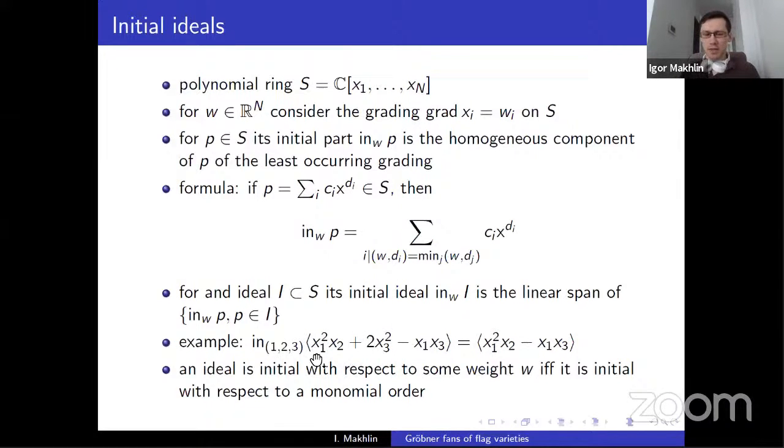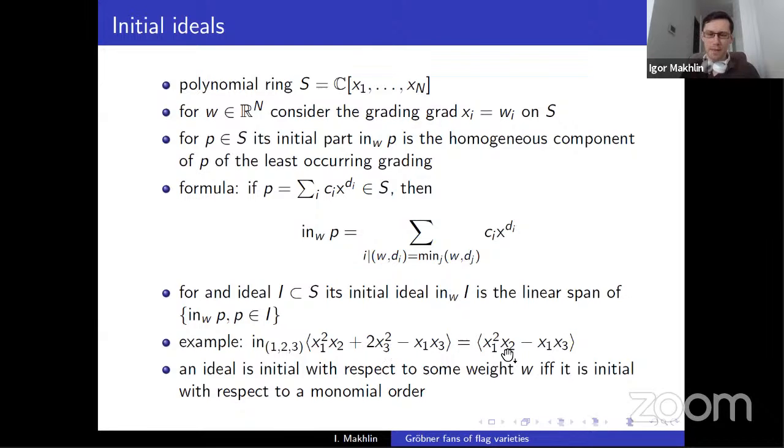Okay, and well, here I have some small examples. So we have polynomials in 3 variables, and we have a principal ideal generated by this expression here. Well, and we use this weight here. So, if you compute the weights of the 3 monomials, you will see that the weights of the first and the last one are, no, sorry, they are 4, and the weight of the one in the middle is 6.